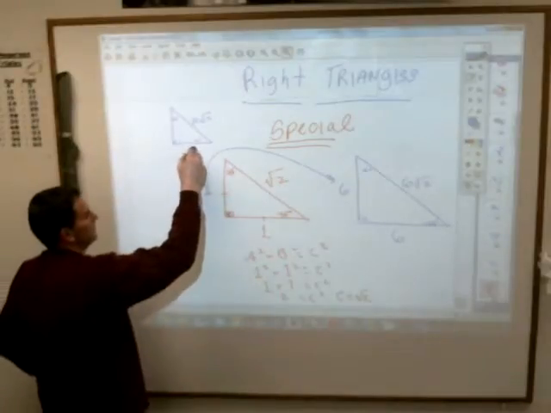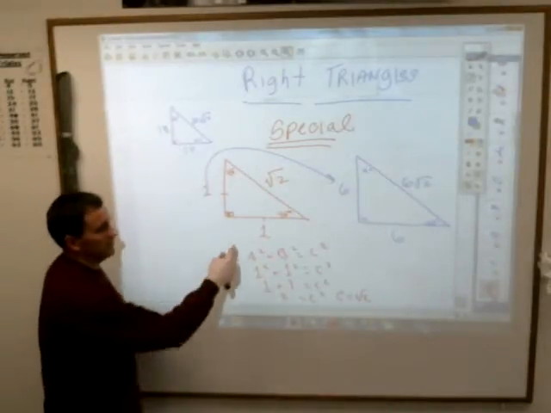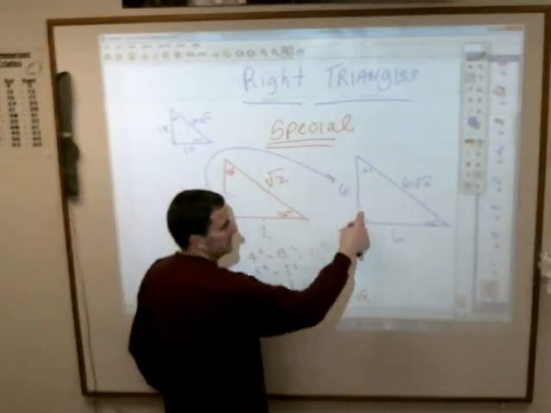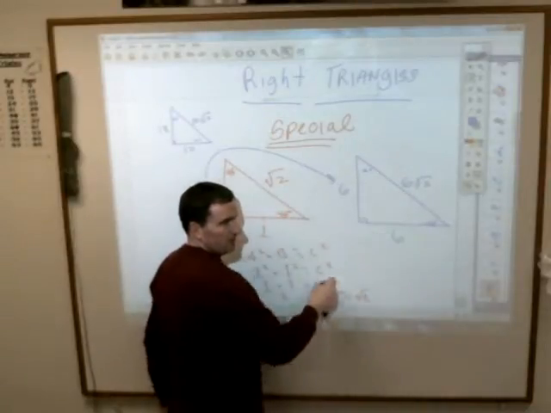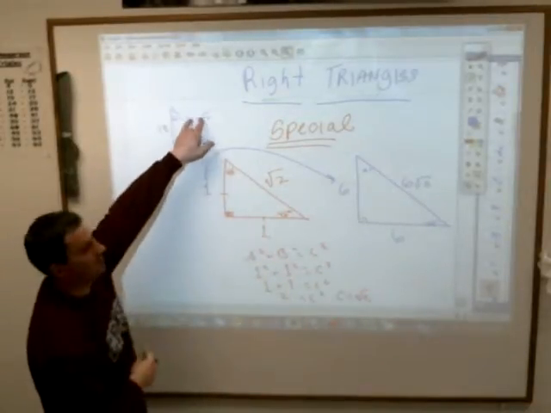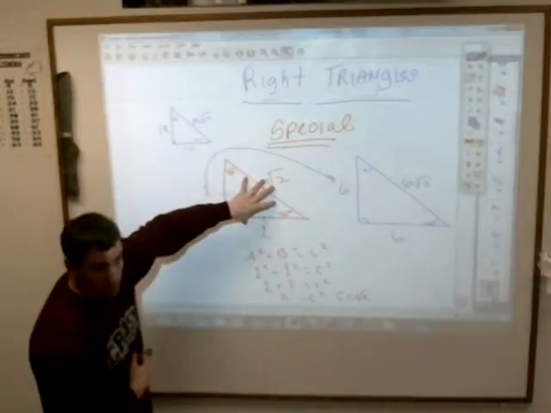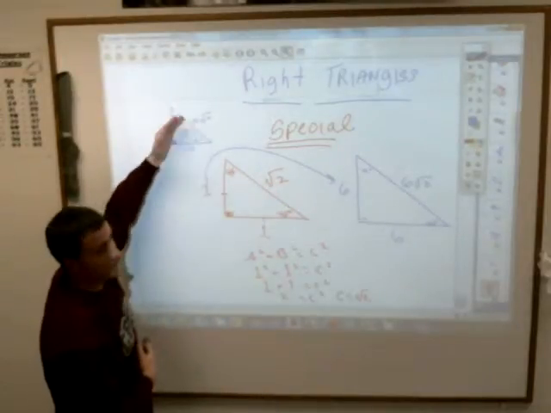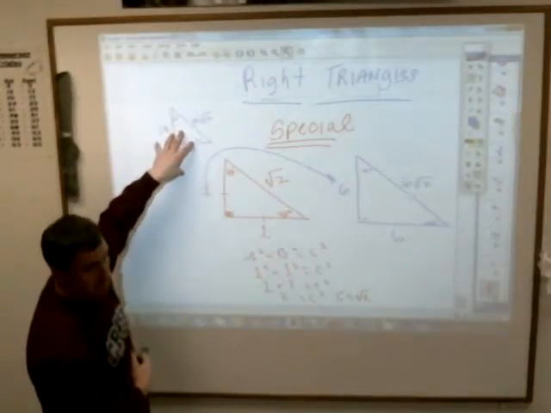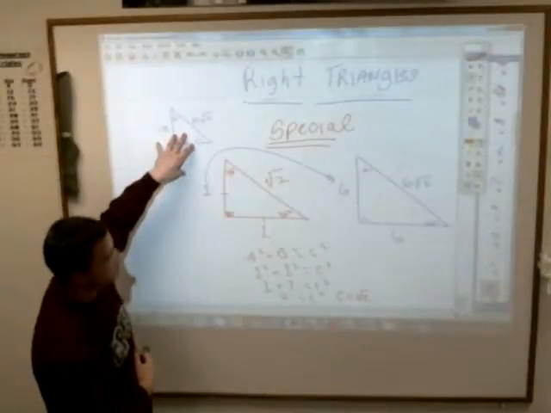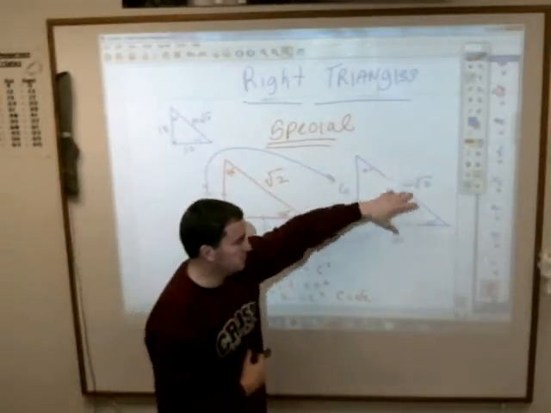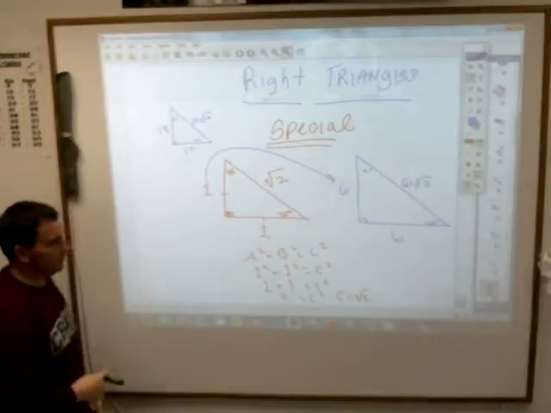Why, Jeremy? Because Jeremy sees 1, 1, 1, 6, 6, 6. No matter what number comes in front of the square root of 2, if it's this special triangle, that's what the other sides are going to be. It's going to be the same number.